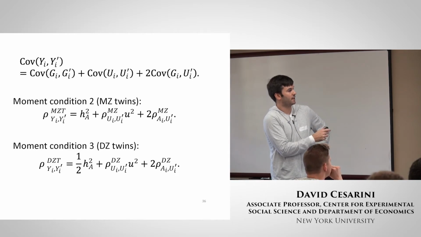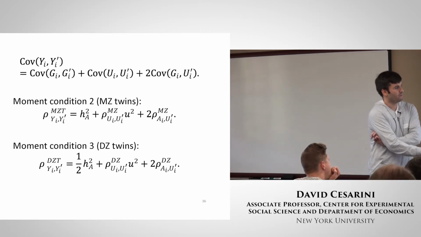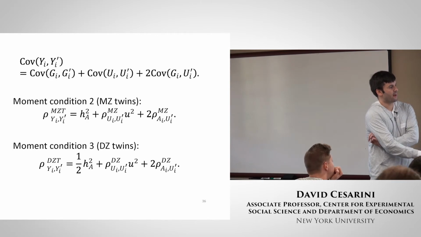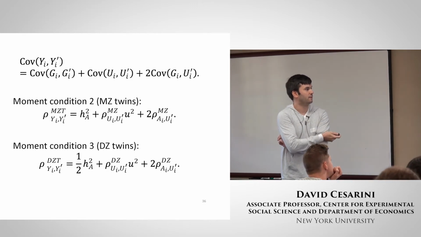We do the same for dizygotic twins, and here the key is that we're making a bunch of assumptions by replacing this term for dizygotic twins by 1/2 times h squared A. In particular, we're assuming that the correct genetic theory is one in which we have random mating and only additive gene action.